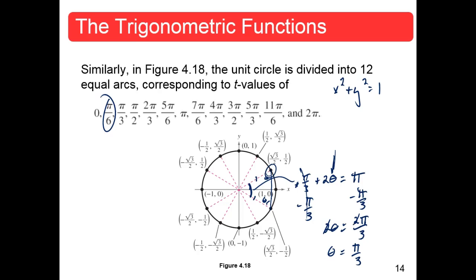Okay, but we already know what the y is, so this will be x squared plus, and what was our y again? 1/2. And 1/2 squared is 1/4. So this will be x squared plus 1/4 is equal to 1. So guess what x squared is?